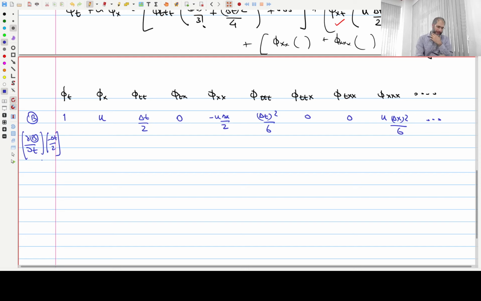It's not that difficult, because when you do del b by del t, this phi t becomes phi tt. So the coefficient goes into phi tt. The coefficient of phi t was 1 in equation number b, and you have multiplied that by delta t by 2, so the coefficient of phi tt becomes minus delta t by 2.